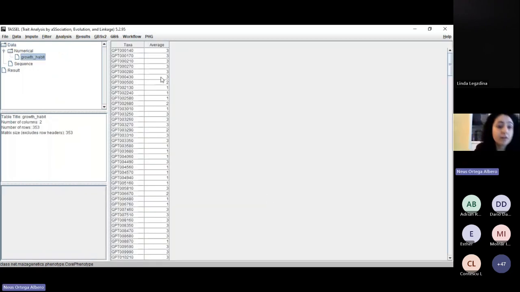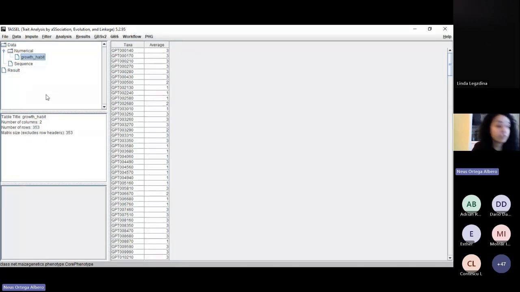As you can see, here we have information of 353 accessions and the average for each accession, because, as you know, to do this type of experiment we need several data points for each accession. This would be the mean for each accession.